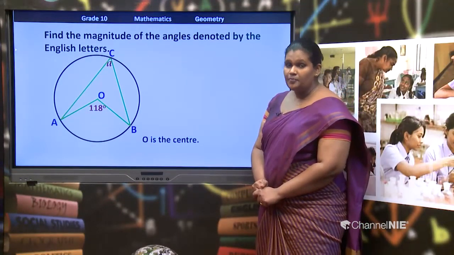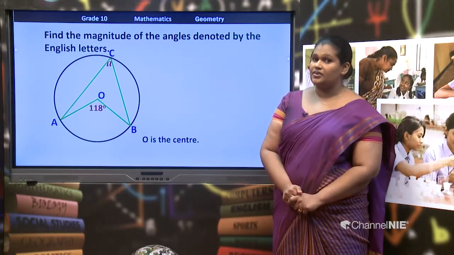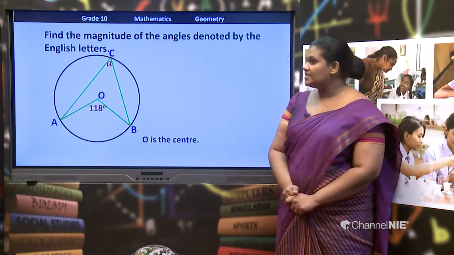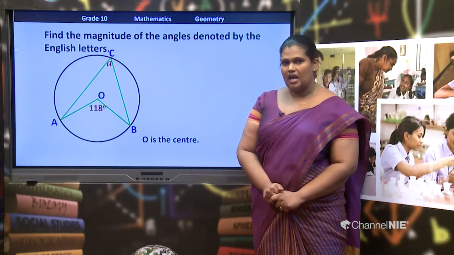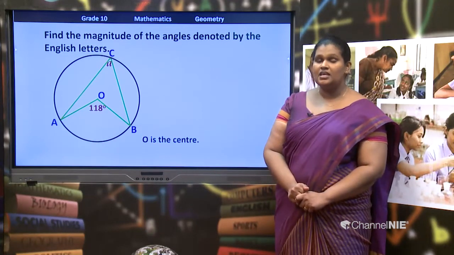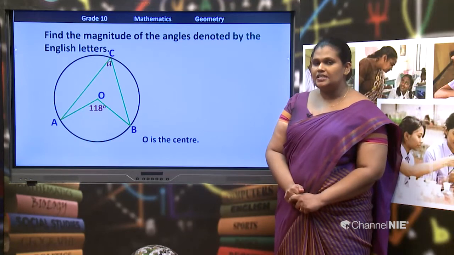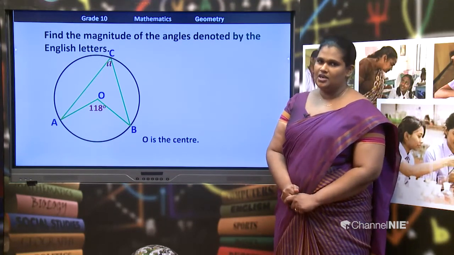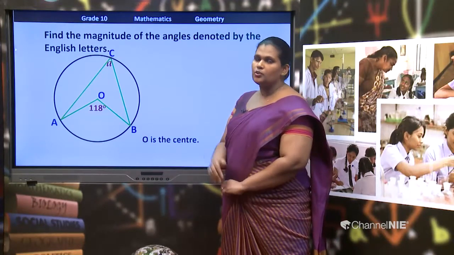Right. That means previously we have learnt a theorem: the angle subtended at the center of the circle by an arc is twice the angle subtended on the remaining part of the circle by the same arc. Right. Now, we can relate that theorem to this question.